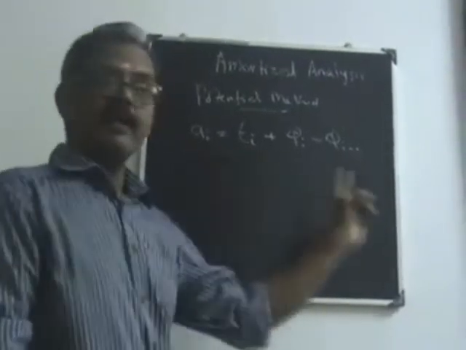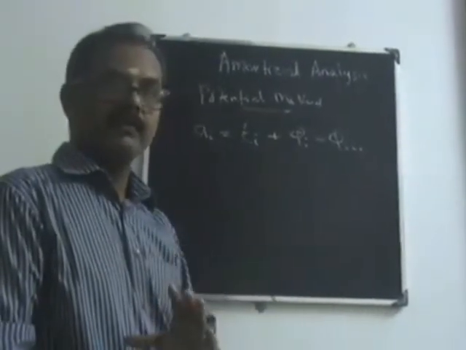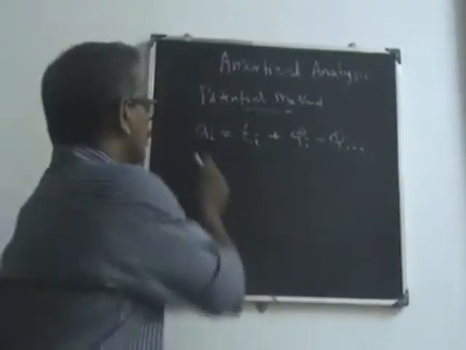This is only for the ith instruction, but we have n instructions, so we have to take the sum.